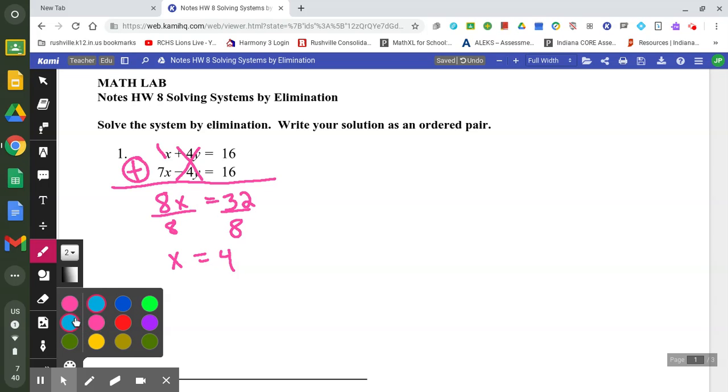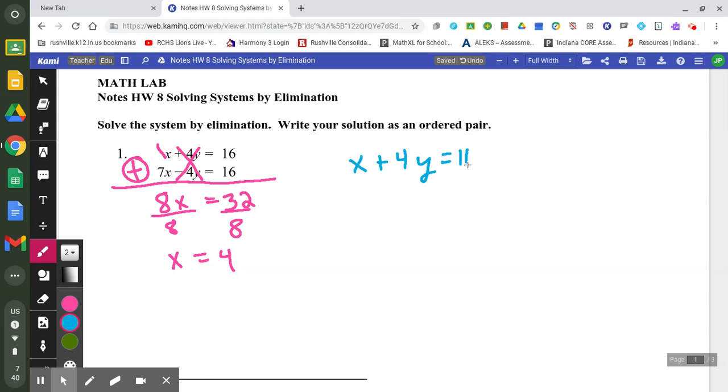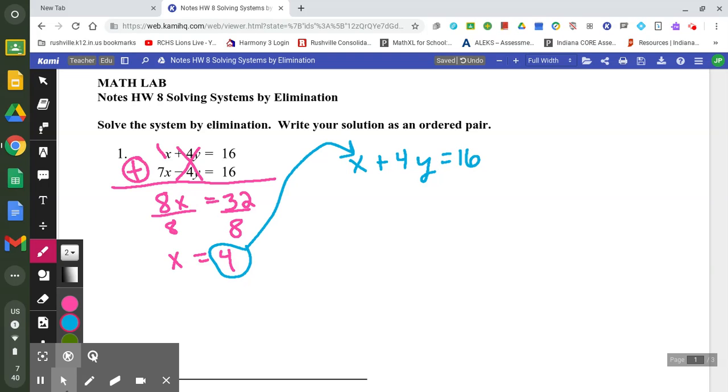And then the second part of the problem is to go back to one of those equations. I'm just choosing the top equation. And I am going to substitute that 4 into the x. So this will now be 4 plus 4y equals 16.